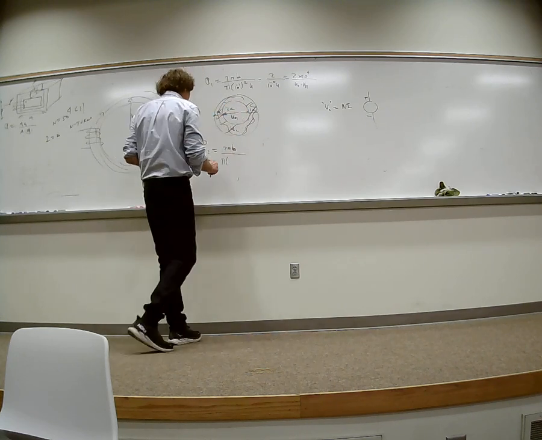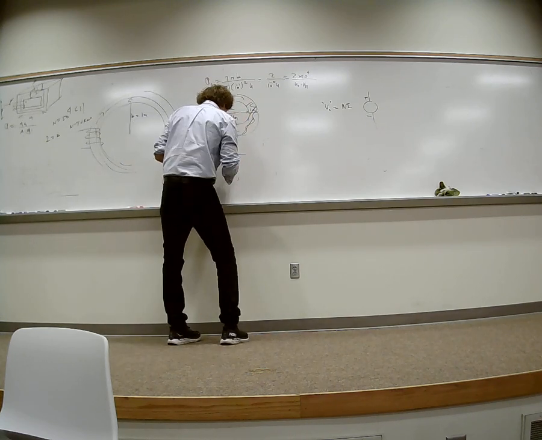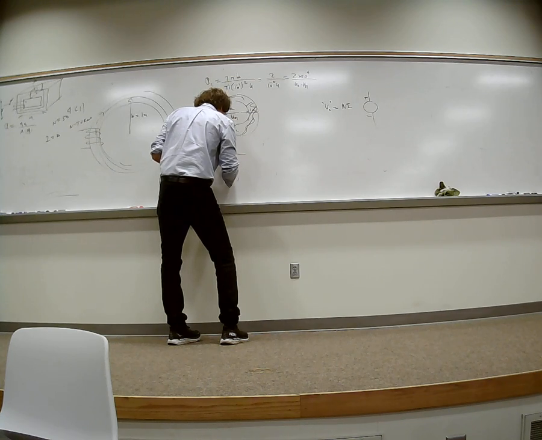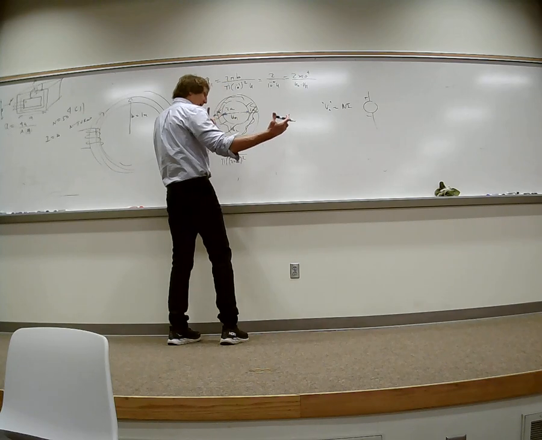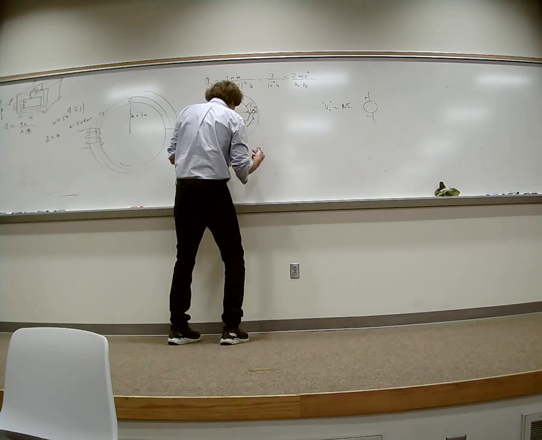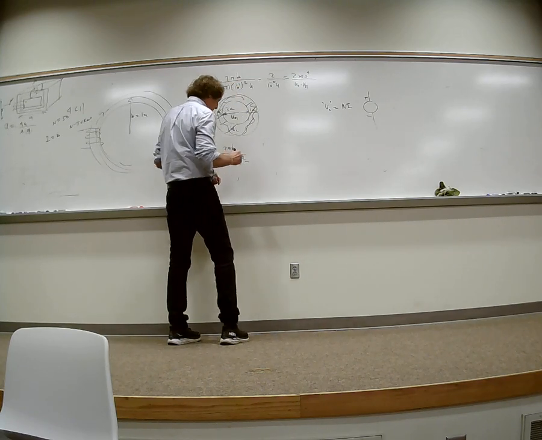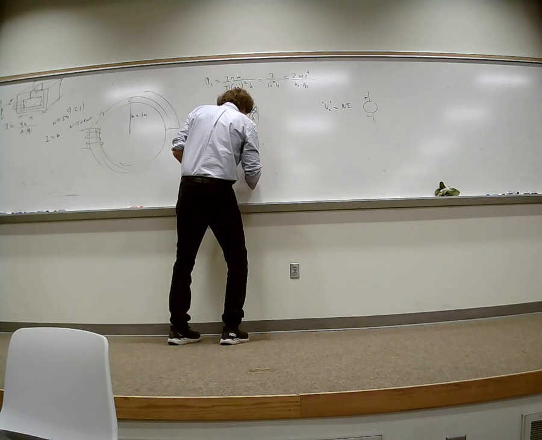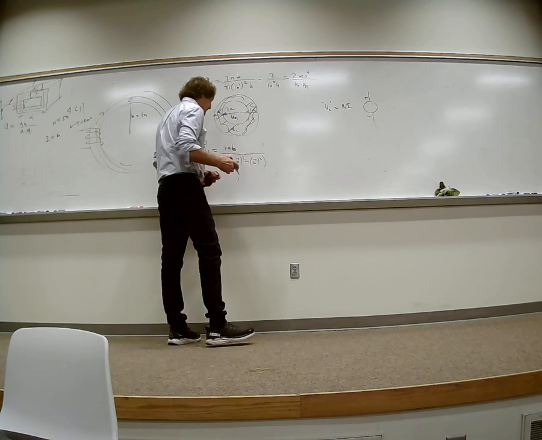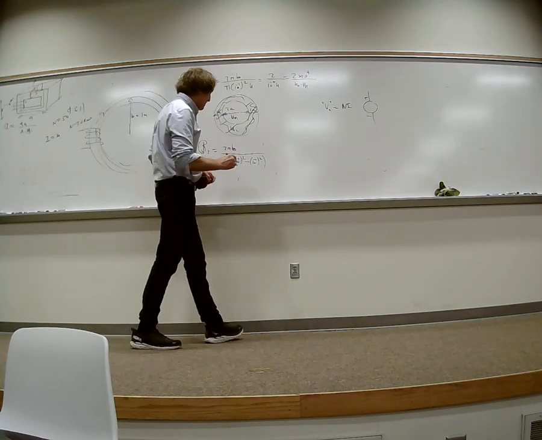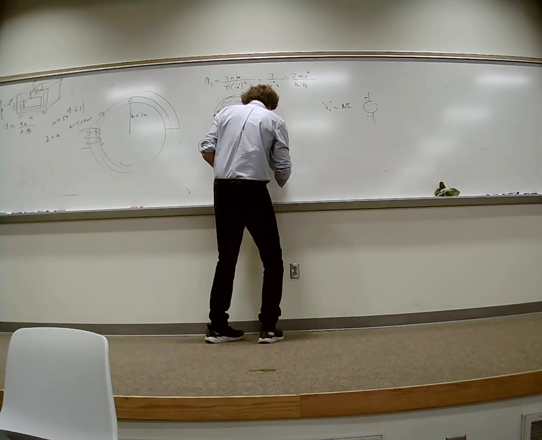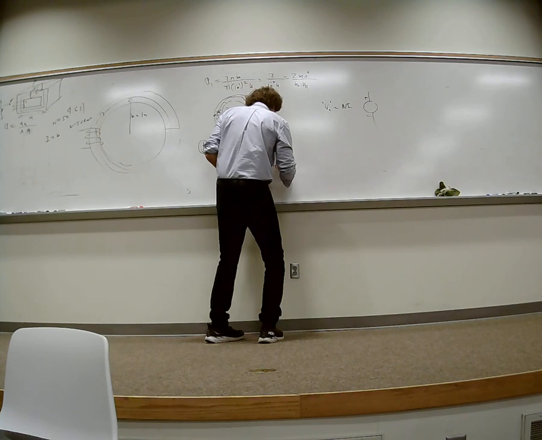So we end up with pi times 2 times 10 to the minus 2 squared, that's the outer radius, minus the area associated with the inner radius, which would be pi times just 10 to the minus 2 squared. And then we have to divide it by mu, which is going to be mu relative 2 times mu naught.